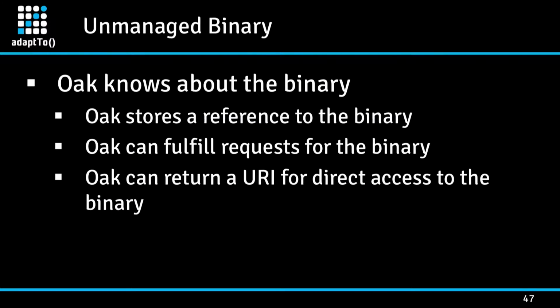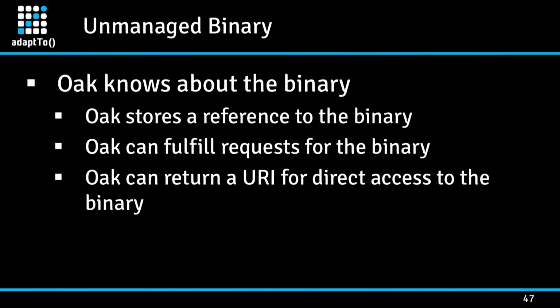But you will still be able to use Oak to service requests for them. So we'll store a reference to where that binary exists, and when a request is made for it, we can deliver a download, for example. But one thing that we would be able to do that we won't do with managed ones is give you a URI to directly access the binary.